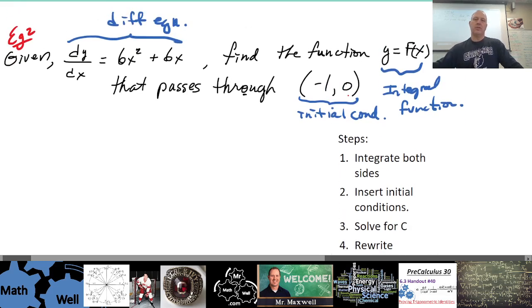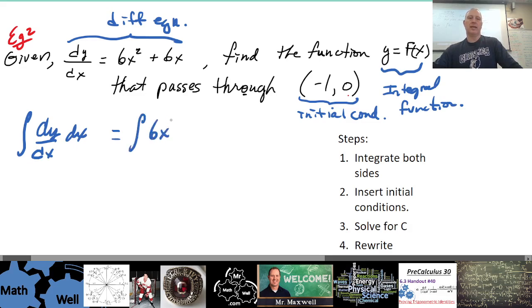All right, so our steps are on the right again. So we integrate both sides. So I'm going to write everything out here. Okay, so the integral of dy dx and the integral over here of 6x squared plus 6x dx. And yes, please show all of this notation. I'm trying to model this for you, so please make sure you show each of these steps.